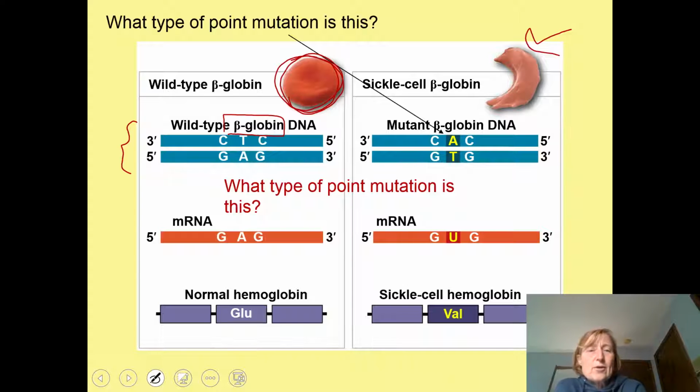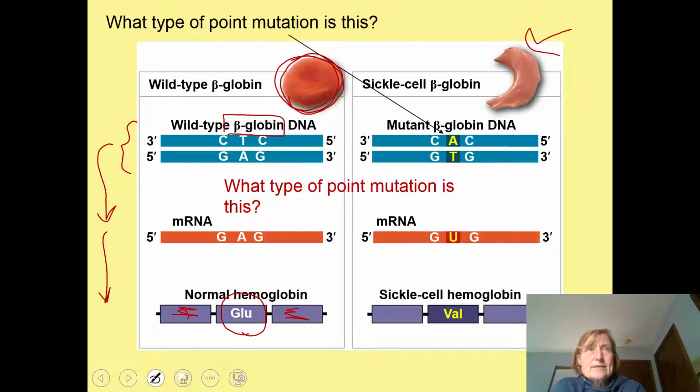And it turns out that in the wild version, this gene is transcribed into an mRNA molecule, and it's translated into a series of amino acids. Okay, so these purple blobs here, each of these represents a different amino acid. And the normal hemoglobin has GLU at this particular amino acid. Okay?